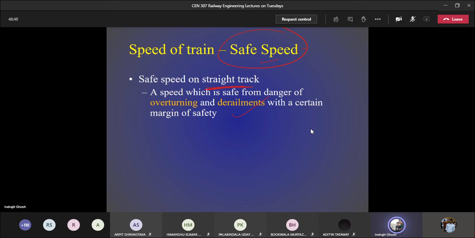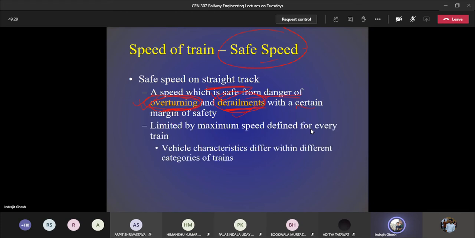But in geometric design, you will be exposed to two terms which are different from each other: overturning and derailment. When a newspaper article reports accidents due to overturning or derailment, it will either say both are accidents or that all are derailment. But being an engineer, you should be clear about how they are different from each other. That will be cleared in the next class. So safe speed means safe from any danger of overturning or derailment with a certain margin of safety.